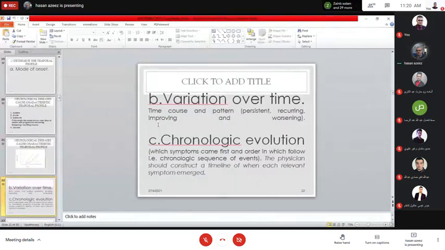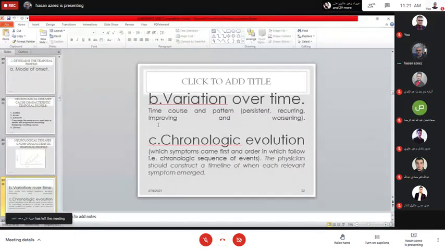If we have headache and fever, it's very important to know which is first and which is second to appear. If the patient has headache, then fever, I will raise the possibility of subarachnoid hemorrhage.